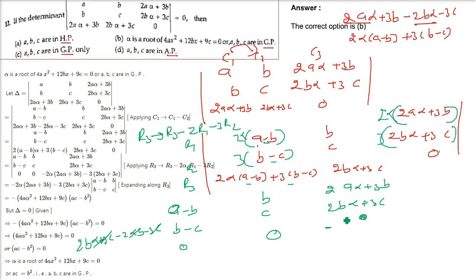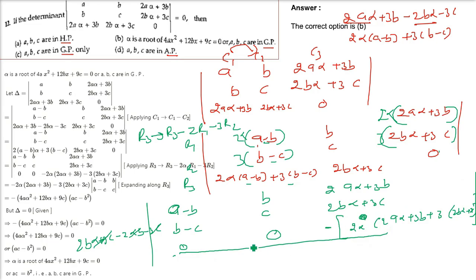So with 2 alpha, so minus 2 alpha, 2A alpha plus 3B plus 2B alpha plus 3C. Okay, let us open it. That is the third row. We are opening it. So only the last element of the third row will be there. And the cofactor will be A minus B, B minus C, BC. Right? So let me just write it here.